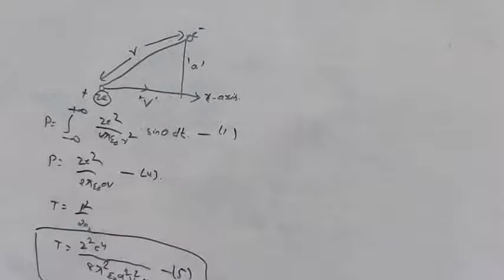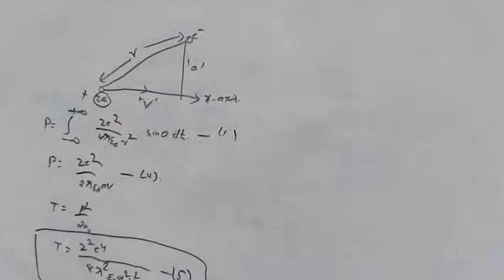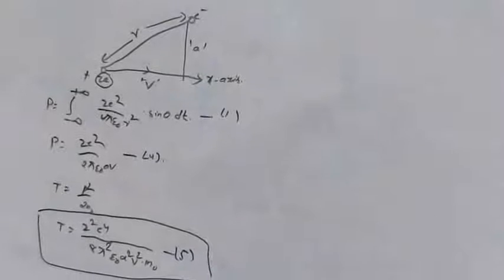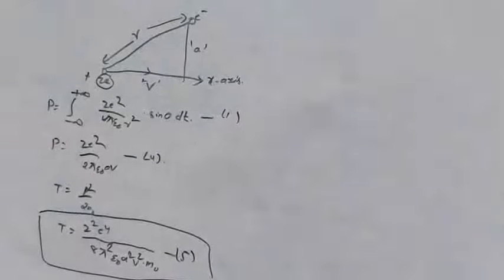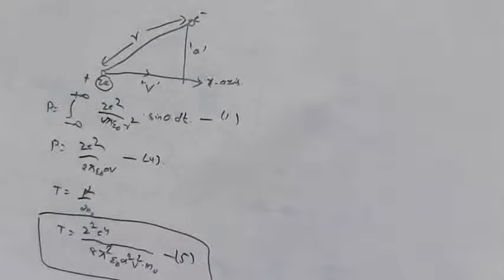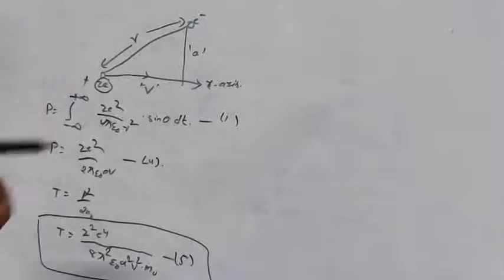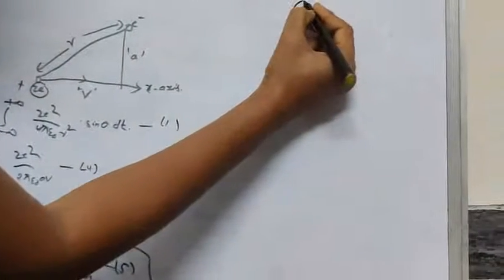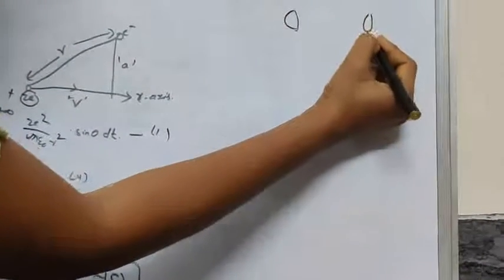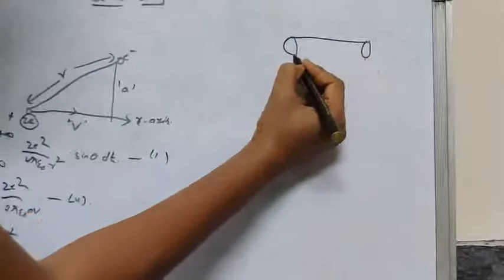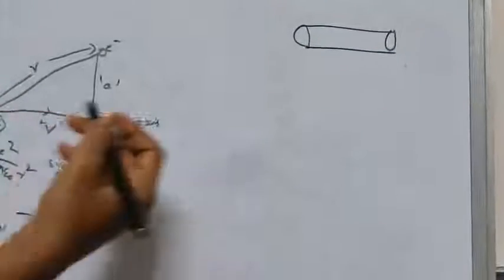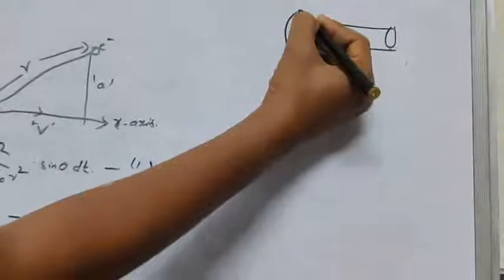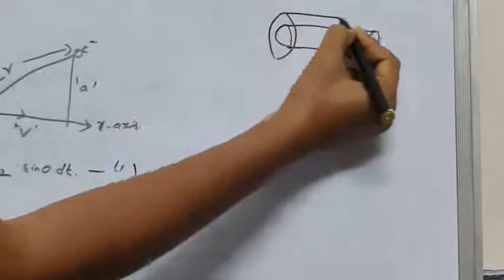electrons of radii A and A plus dA. We are going to consider a cylindrical shell, and this cylindrical shell consists of electrons.